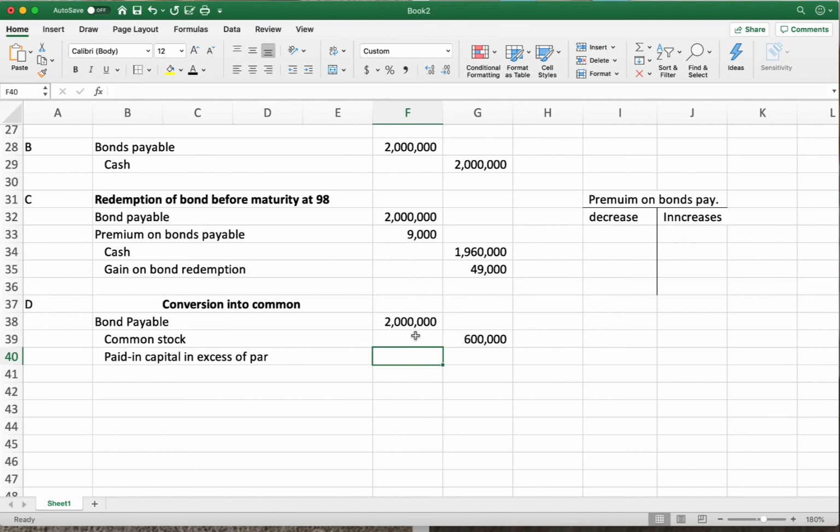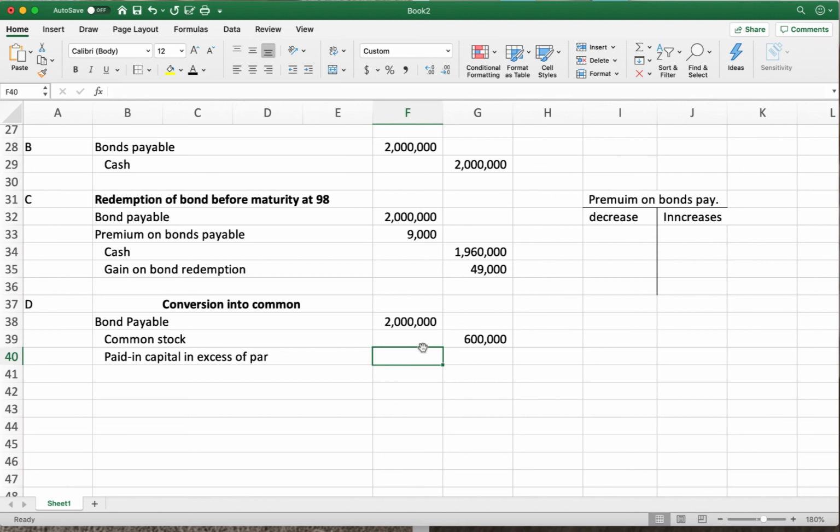Debits and credits don't match, right? There's something going on here. What's going on is there's a market value to the stock. We don't know what that market value is. We're taking $2 million worth of bonds and saying these $2 million are worth X amount in stock. Specifically, you're going to get 60,000 shares.